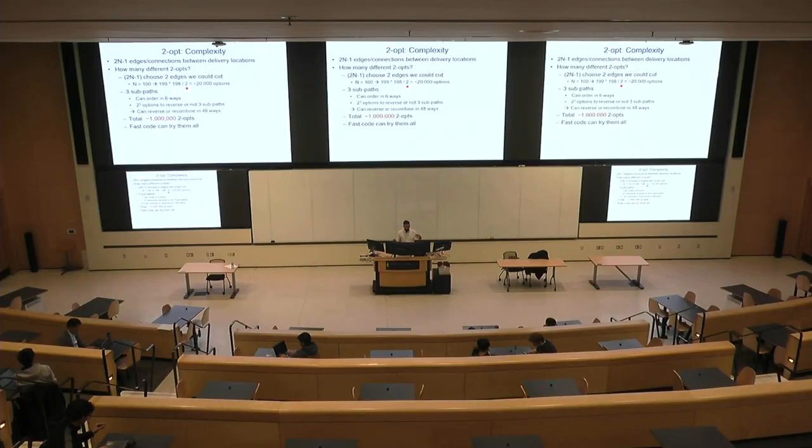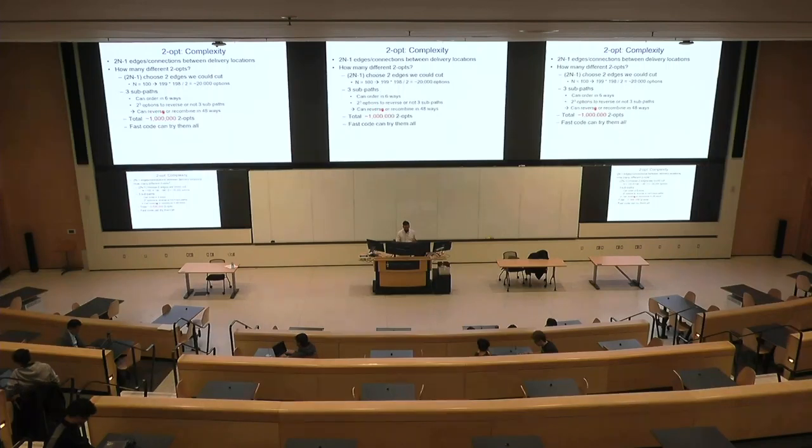And then for the 3 subpaths, we have 6 ways to connect them, right? 3 factorial, so that's 6 ways. And for each of these 6 ways, we have to go over each of the paths and decide whether we need to reverse it or not. So that's around 2 to the 3 options, so around 8 options for each of the 3 paths, for each of the 6 ways.